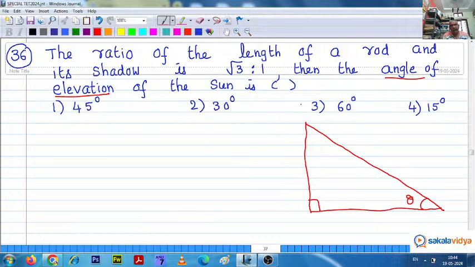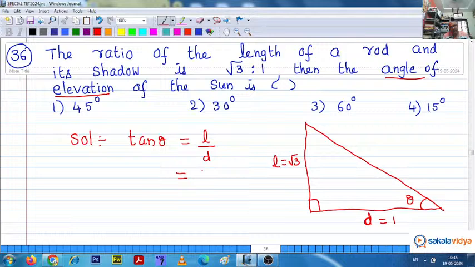What is the ratio between the length of the rod and the shadow? This is the length of the rod, say L. This is the shadow, say D. What is given? L is root 3, D is equal to 1. So apply tan theta. Tan theta is equal to opposite side, L by D, length of the rod by length of the shadow, root 3 by 1, root 3.